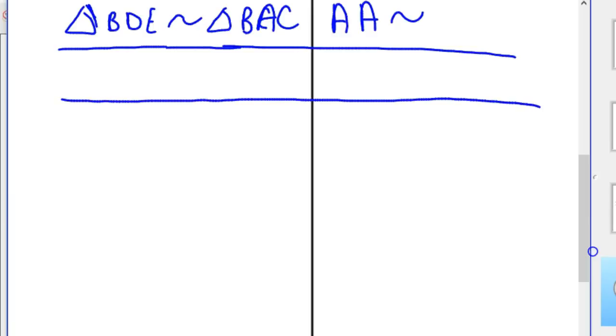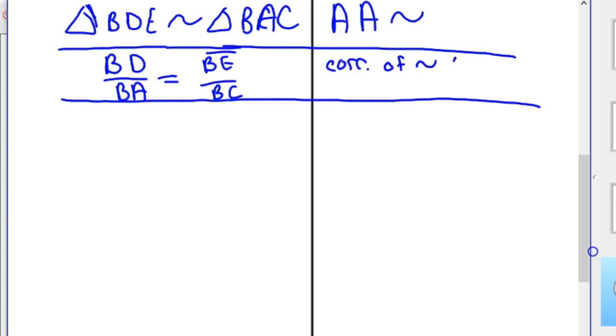Like I said, I'm not a perfect proof guy, but we know because the triangles are similar that BD over BA is equal to BE over BC. I guess you don't need that little line segment there because we're dealing with lengths here. And corresponding sides of similar triangles are proportional would go here.